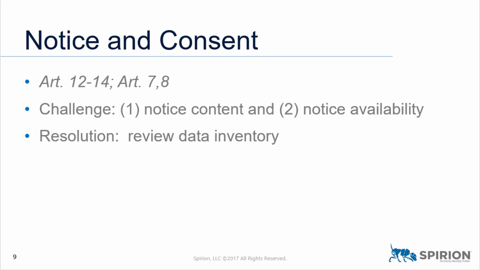By doing all that hard work up front, you're able to get an idea of exactly where to put the notice, at what instances the notice has to be placed, and covering all the different scenarios where someone's going to want notice, and in some cases, if they have to provide consent, be able to provide consent at that point. So that's again the value of the data inventory.